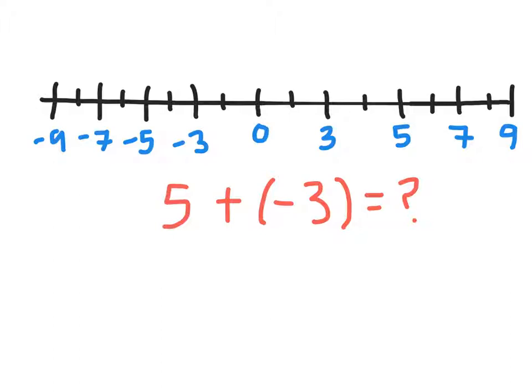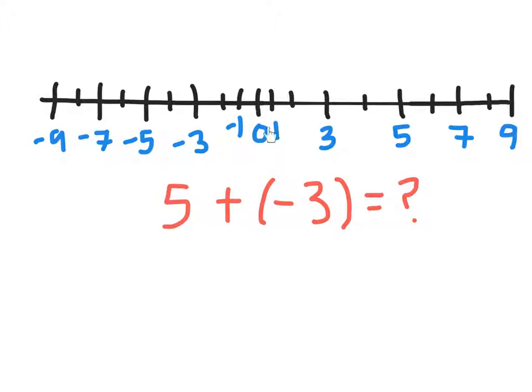Now let's use a number line to find out what 5 plus -3 is. I'm just going to fix my little number line right here. So that is -1 here and 1 right here. Okay, so we're going to count to the right 5 times, starting from 0.